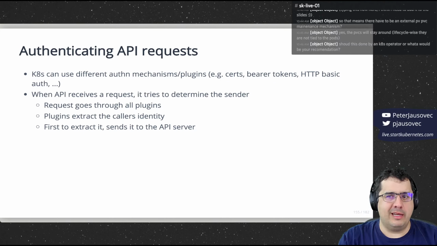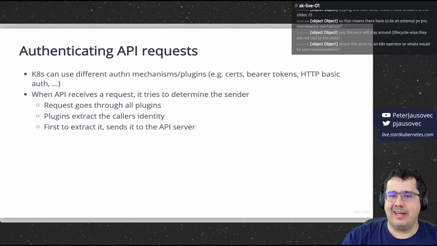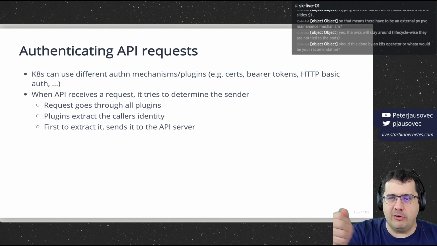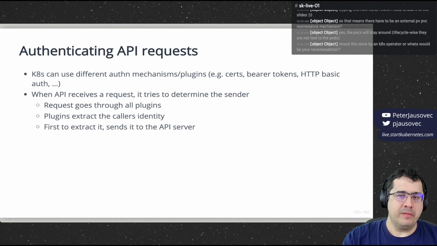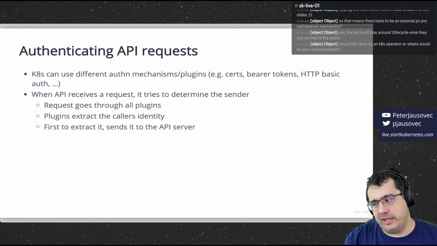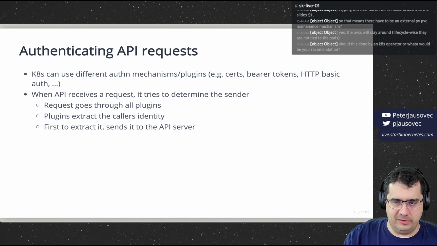And then the first plugin that's able to extract that information, the first plugin who can say, yes, I know who this XYZ that's calling me is, then the request will continue to the authorization phase, where based on the authentication information, the authorization phase will determine if that principal can do the certain action that they want to do, if they can list something, or if they can create resources, or if they can delete resources.